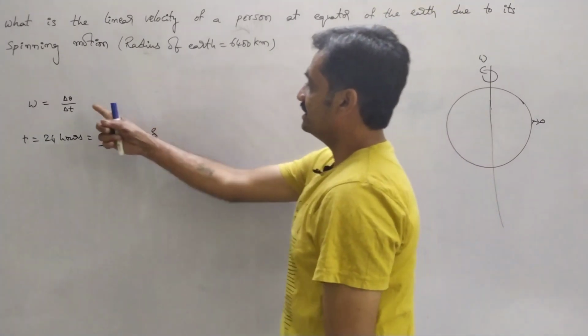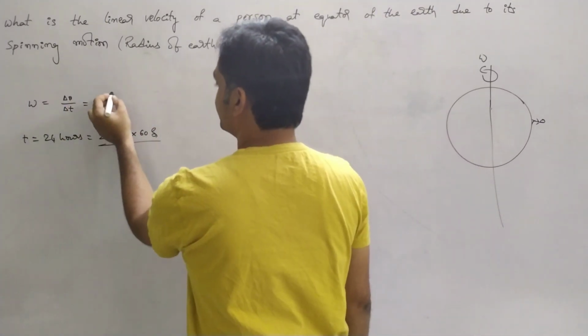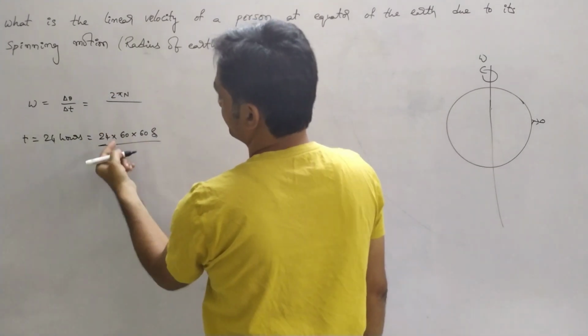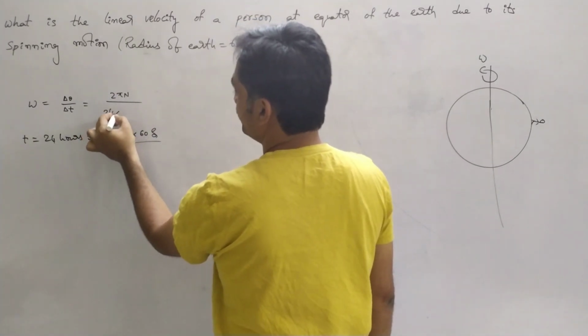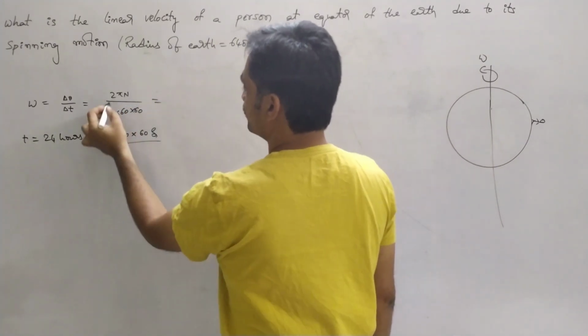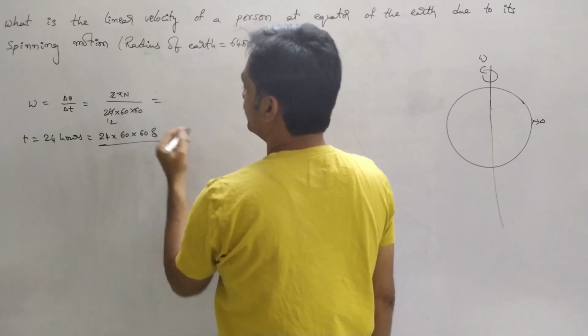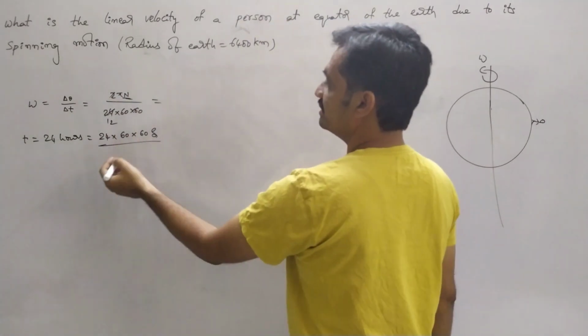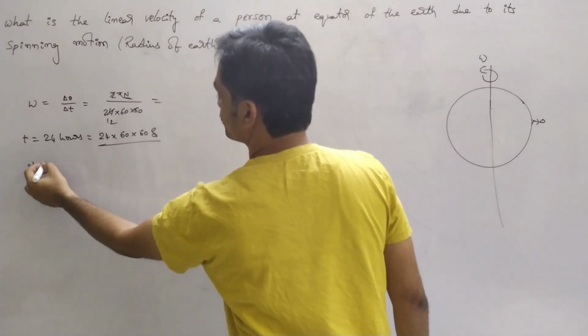Now here the angular displacement is represented as 2 pi n by time, and time is 24 into 60 into 60, whereas the number of rotations made by the earth in 24 hours is 1. So here we consider n equals 1.